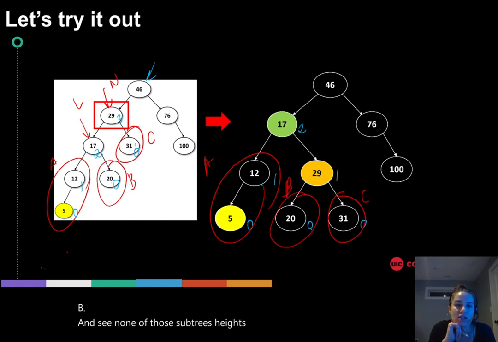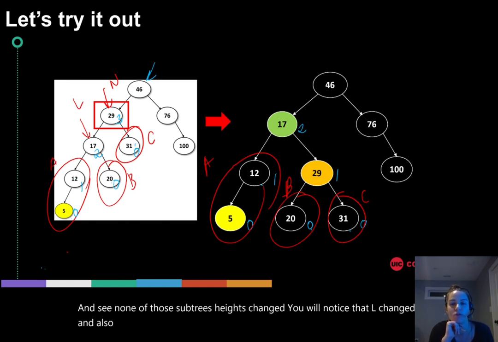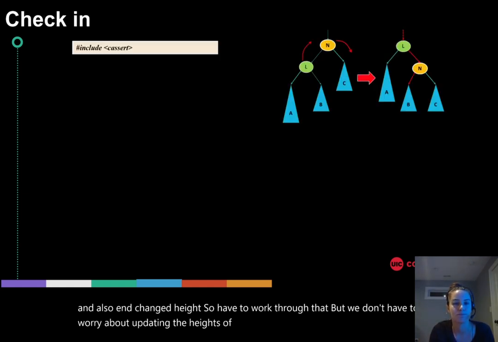You will notice that L changed and also N changed heights, so we'll have to work through that, but we don't have to worry about updating the heights of the subtrees A, B, and C.